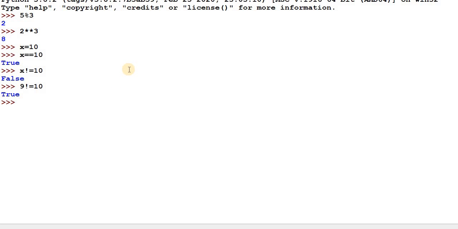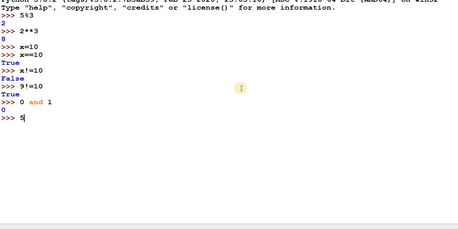Let me show you with an example. Suppose 0 is false, and is the operator, and 1 is true. If the first operand is false, it will not check the other one. It returns the first operand. So look here, 0 is returned because the first one is false.